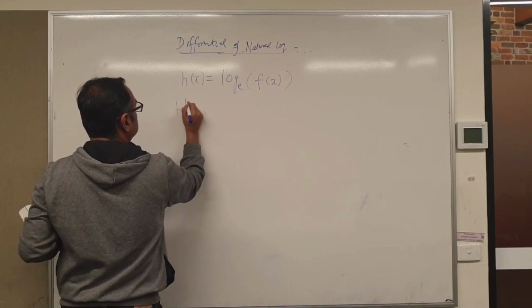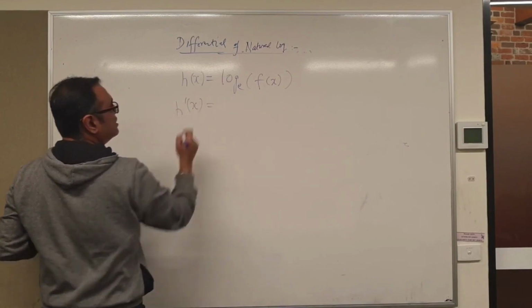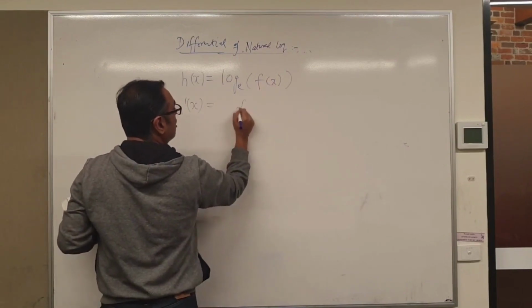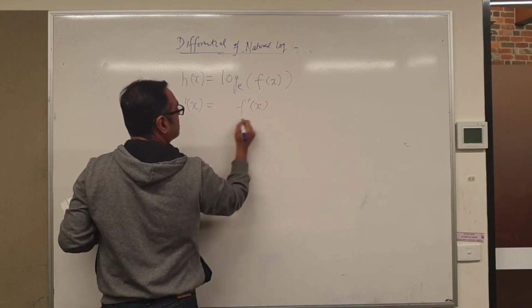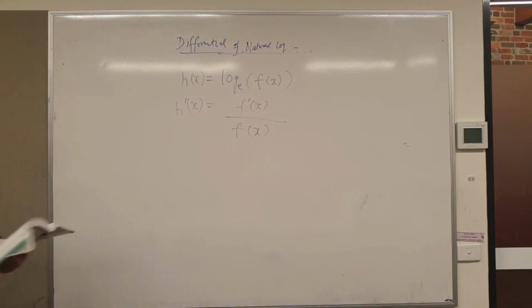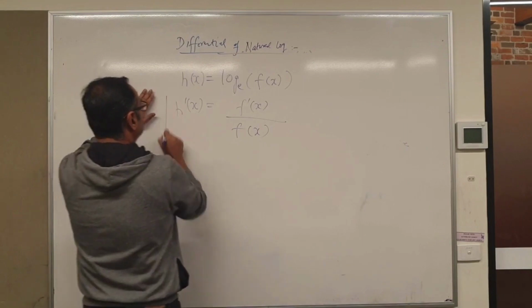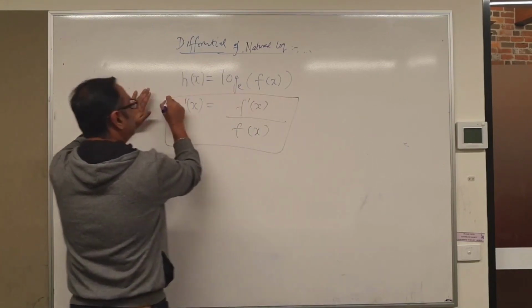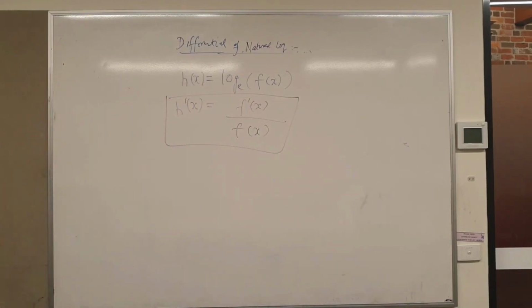So what is h dash? The differential of f of x over f of x, that is f dash x over f of x. That's what we just did. So that's the rule for logs I wanted to explain to you. That's only for natural log.